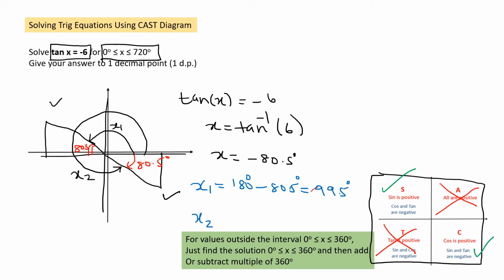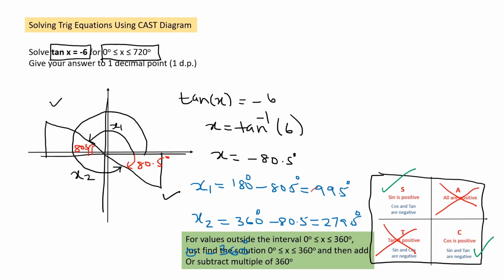And the second solution is x2. x2 is 360 degrees minus 80.5, which gives you 279.5 degrees.